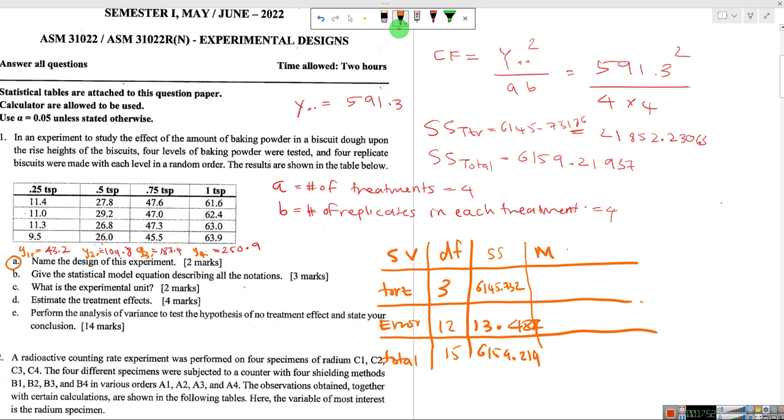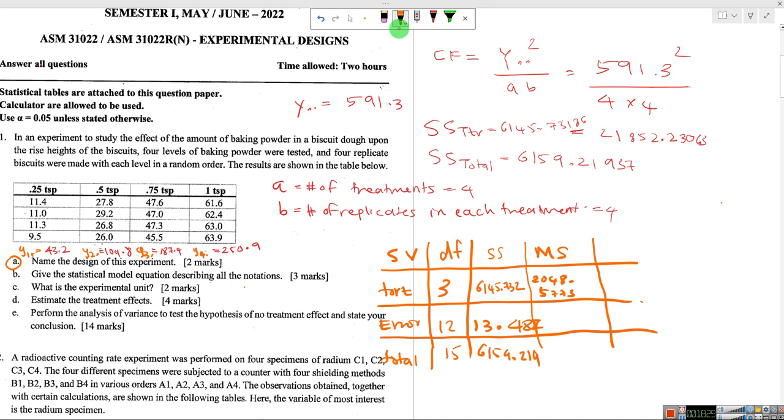And here we can calculate MS also. MS means this divided by this, right? So SS treatment divided by the treatment degrees of freedom, 6145.732 divided by 3 is equal to 2048.5773.